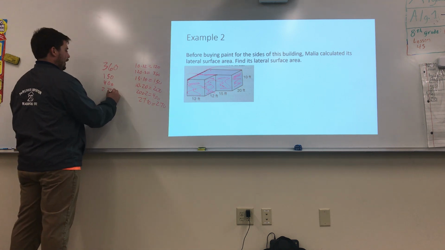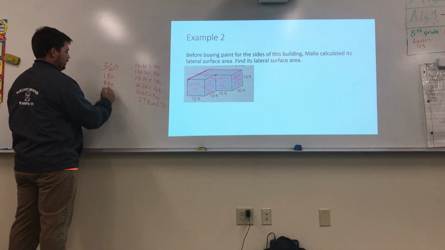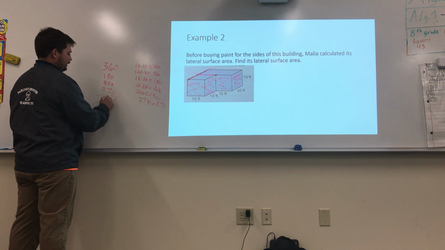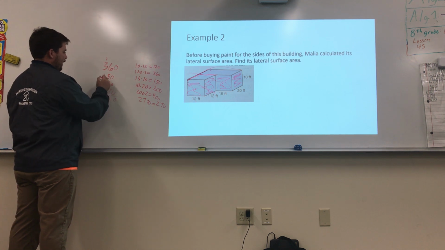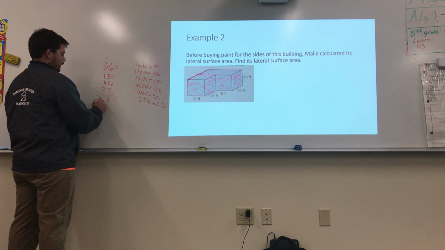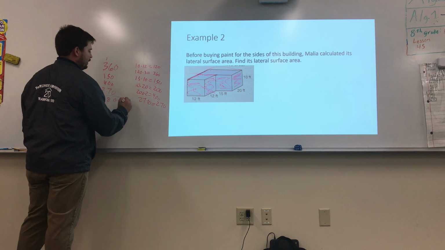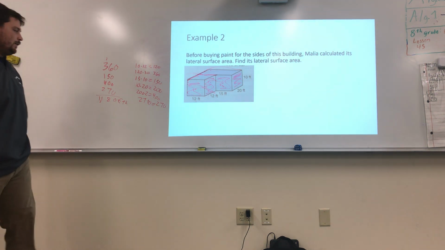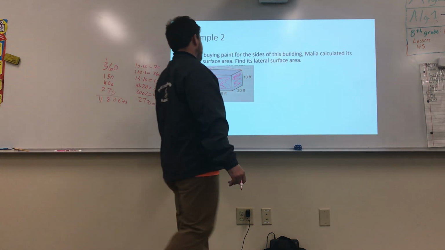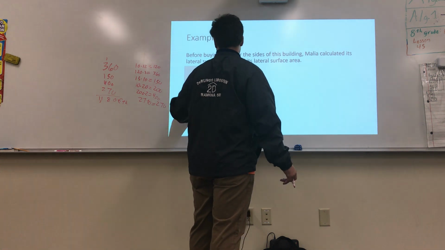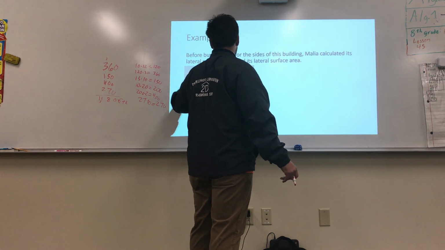Now we need to add these together. You get 1,180 feet squared. That would be the surface area. You'd have to find out what each paint can uses, and then you would use this.